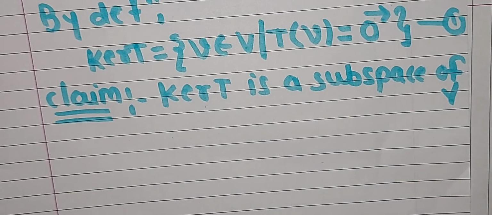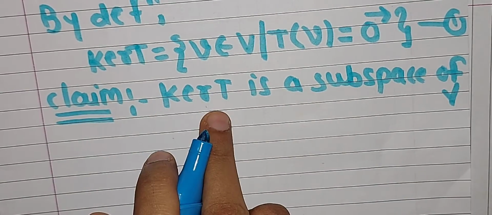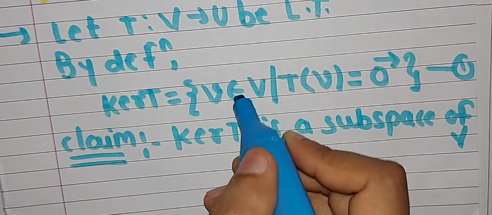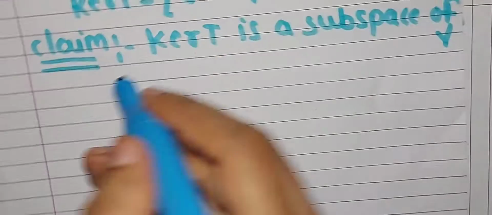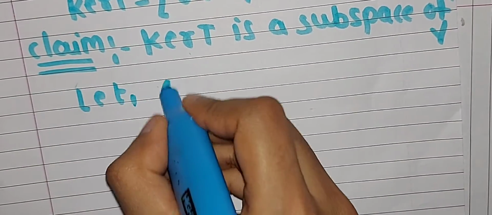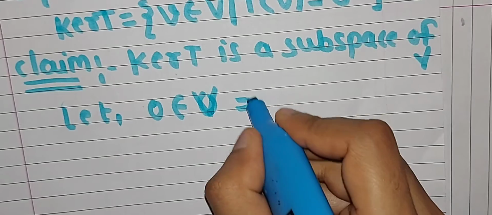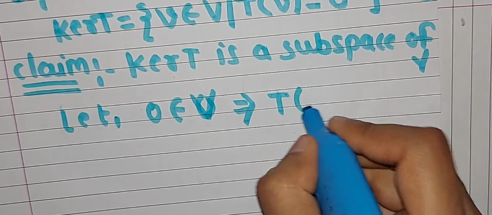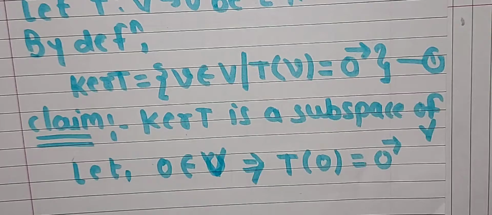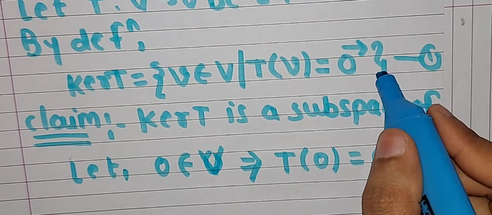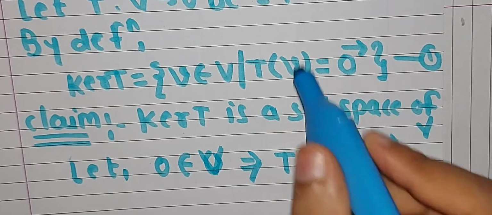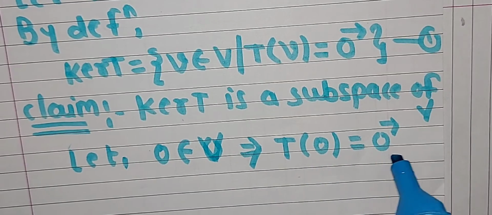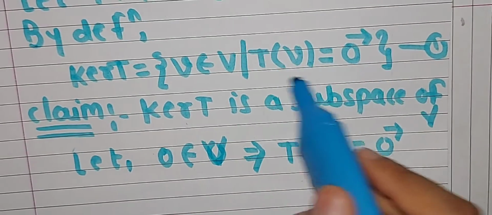So firstly we have to prove that this kernel T is non-empty. For that purpose, consider the zero element from the domain. So let 0 belong to V, and as we have already discussed in one theorem, T of 0 is equal to 0 bar. Now compare this with the given equation, T of v equal to 0 bar, then v belongs to the kernel of T. We have obtained T of 0 equal to 0 bar, which is equivalent to this condition.